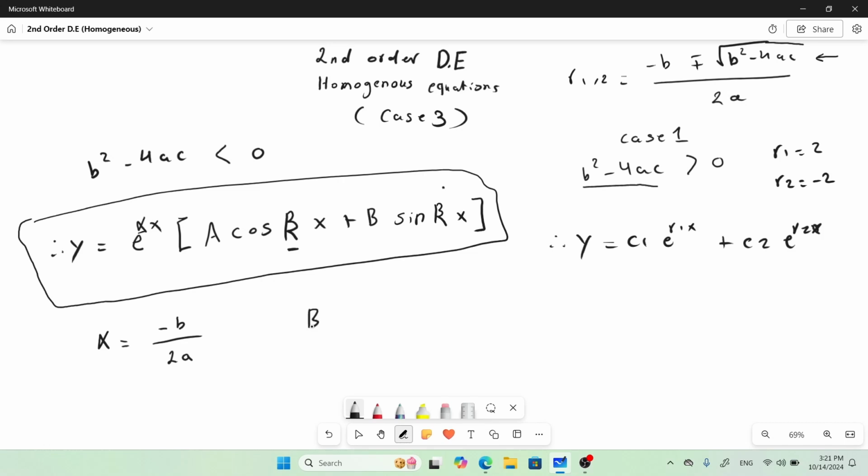And beta is equal to the complex part, so we have the square root of b squared minus 4ac divided by 2a. And that's how we find the value of alpha and beta. Now we're going to move on to an example to make it more clear.